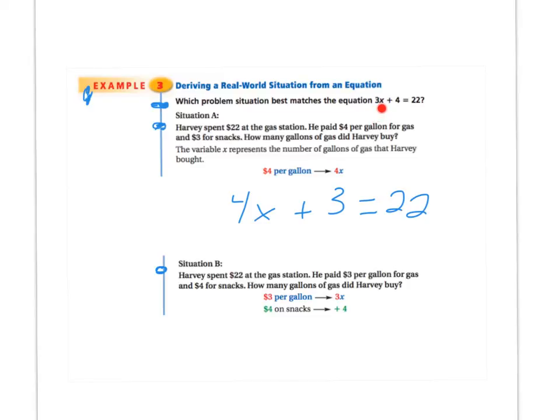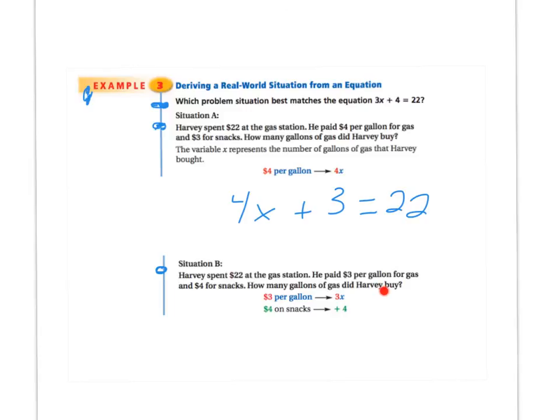multiplied by the variable. In situation B, Harvey spent $22 at the gas station. Okay, so these two are the same. But here, he paid $3 per gallon for gas and $4 for snacks. How many gallons of gas did Harvey buy?